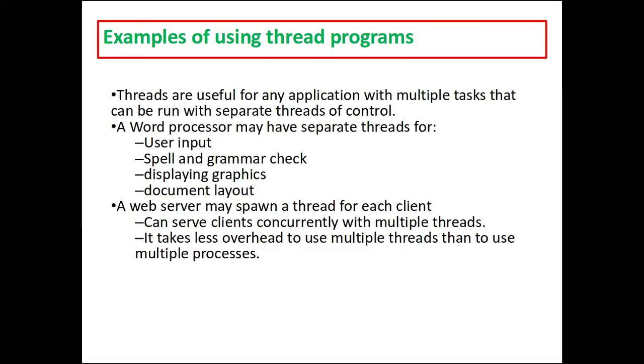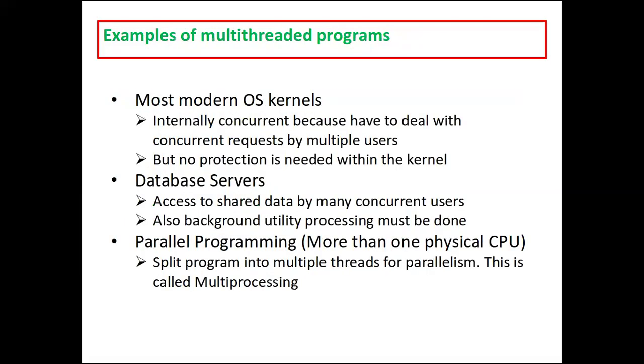Now let us see examples of multi-threaded programs. These examples will help you understand where multi-threading is actually used. Almost all modern operating system kernels are internally concurrent because they have to deal with concurrent requests by multiple users.